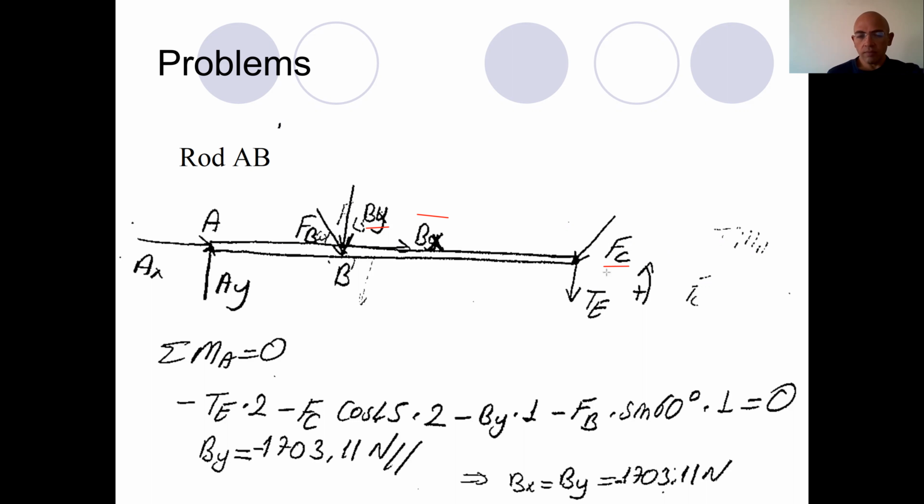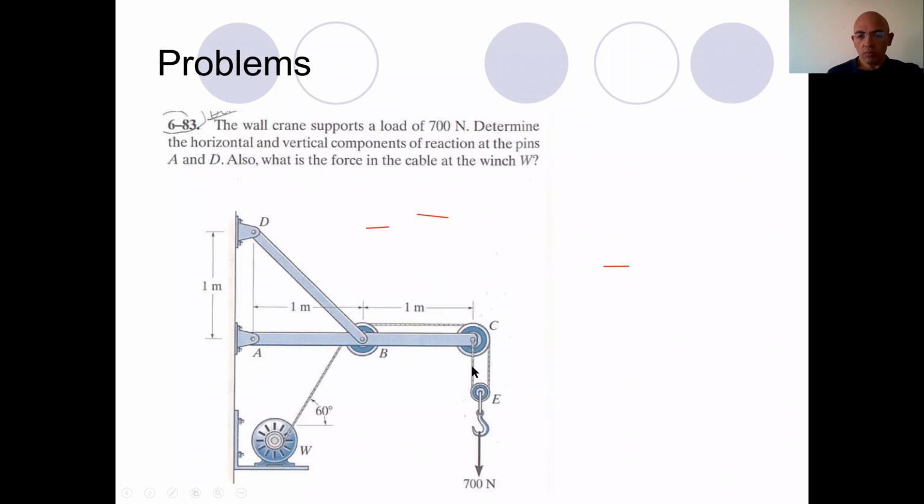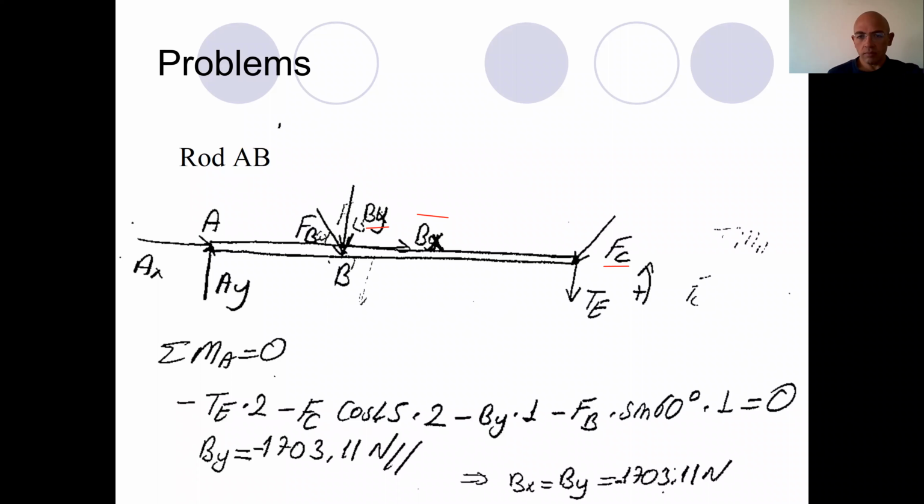And in fact, we have the tension in the cable, because this free pulley at E is connected to the point C. So at point A, we have two forces, AX and AY. So this is the free body diagram of the rod AC. We choose counterclockwise direction as positive.